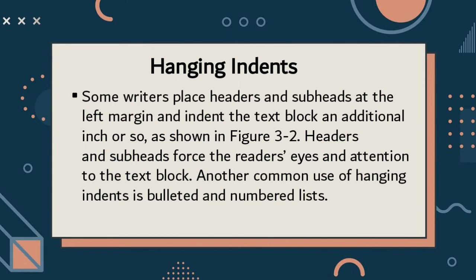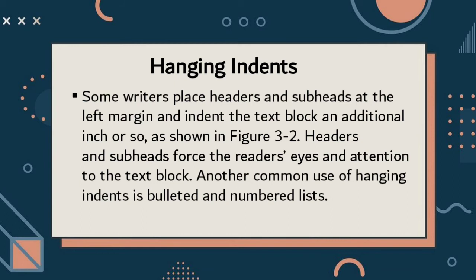So, hanging indents is also known as a second line indent. It sets off the first line of a paragraph by positioning it at the margin, and then indenting each subsequent line of the paragraph. Hanging indents are used in the works cited or bibliography of MLA, APA, Chicago, and various other citation styles.